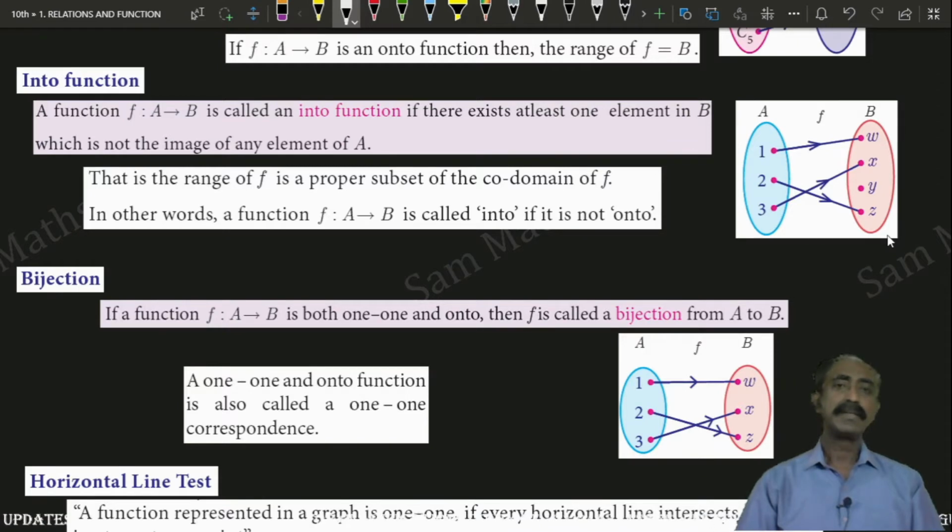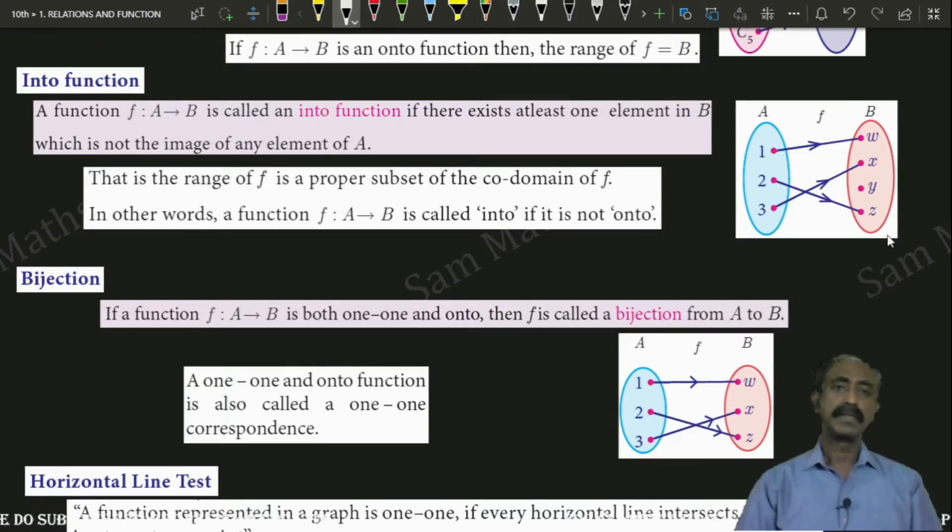That is, the range of f is a proper subset of codomain of f. In other words, a function f from A to B is called into if it's not onto.